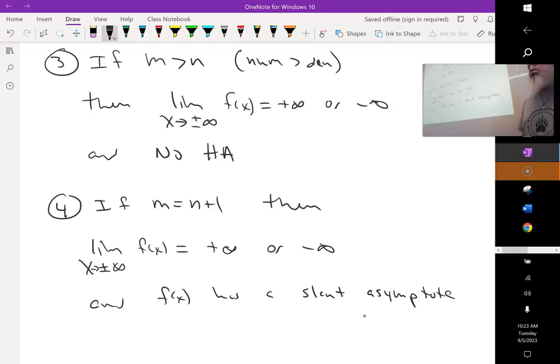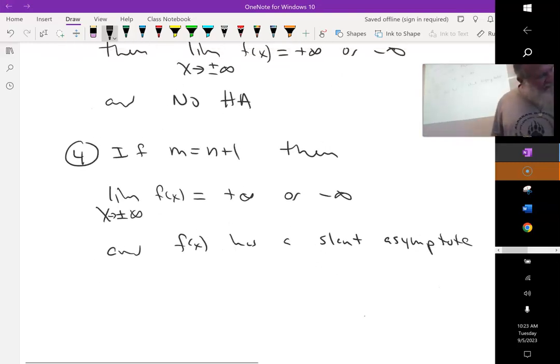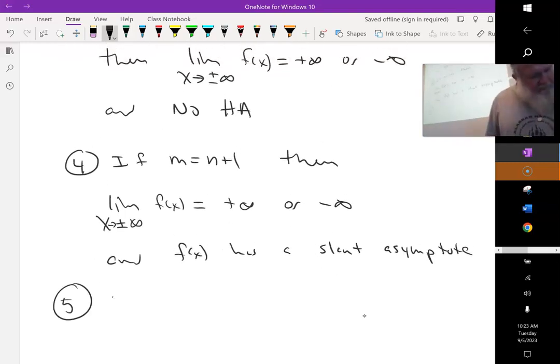So if you felt like, man, I haven't done that in a while, you're right. Okay, so that is all about deciding if we have what? Horizontal asymptotes or slant asymptotes. That's the left and right hand behavior. All right, so we also title this vertical asymptotes. If f is reduced, that means what?